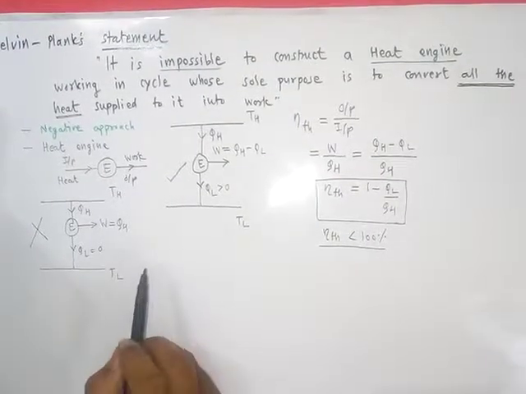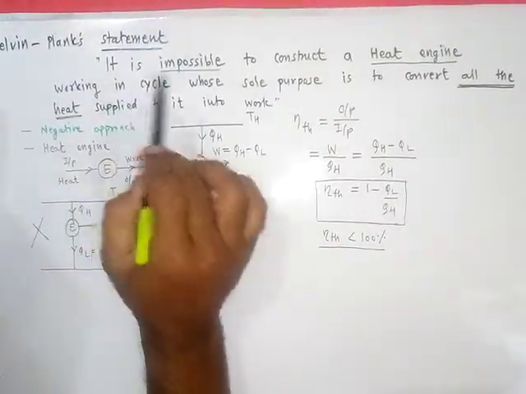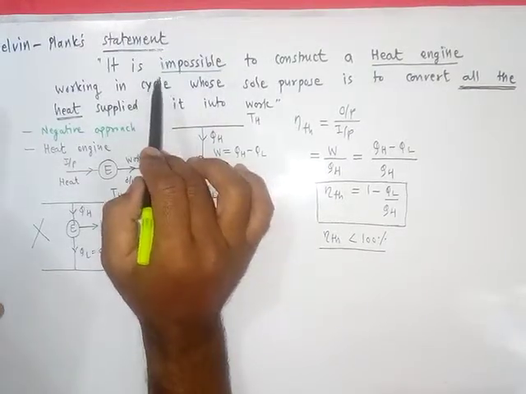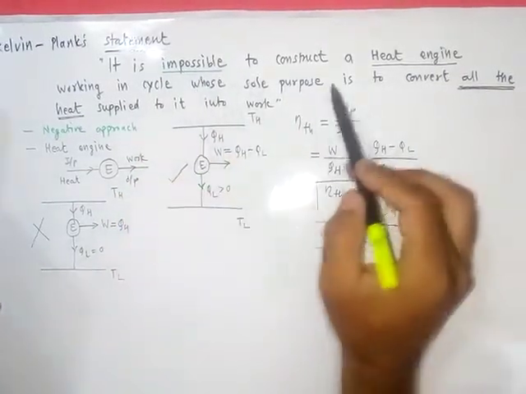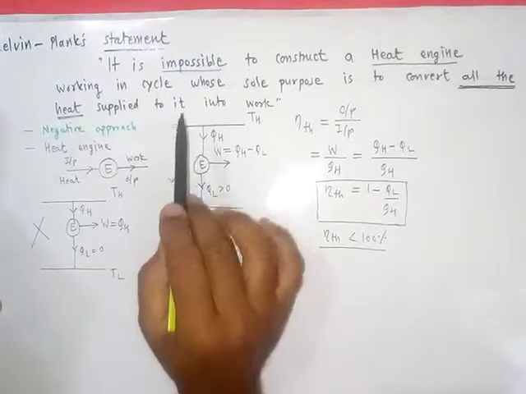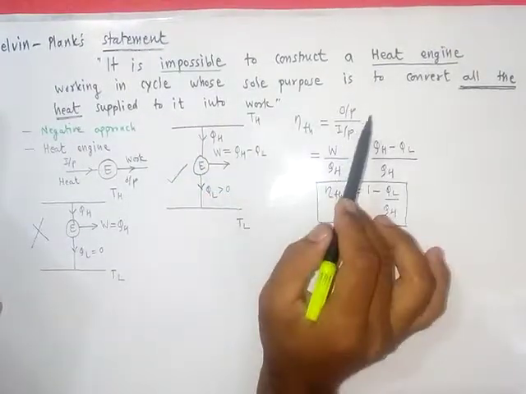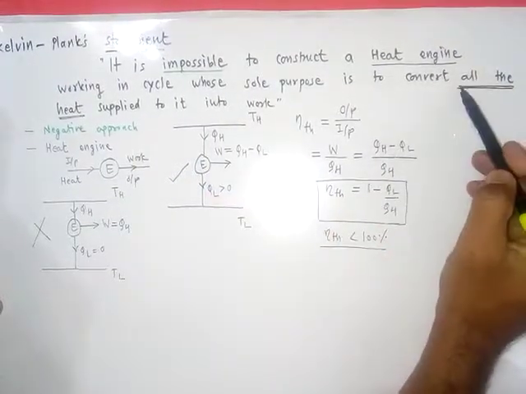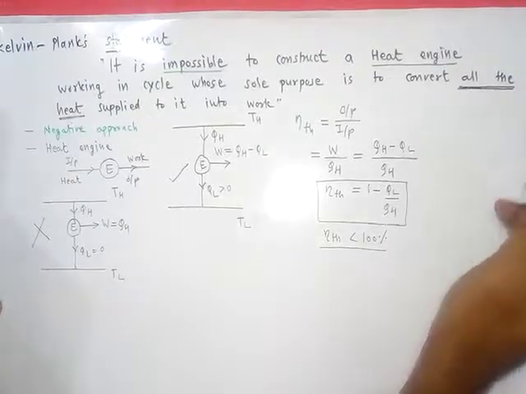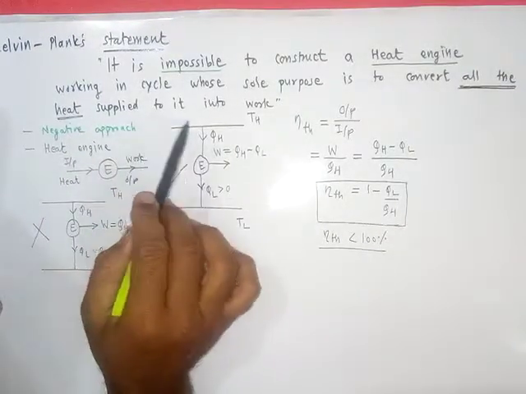Let's revise quickly. The statement has a negative approach. It states that it is impossible to construct a heat engine working in a cycle whose sole purpose is to convert all the heat, remember the word all, supplied to it into work.